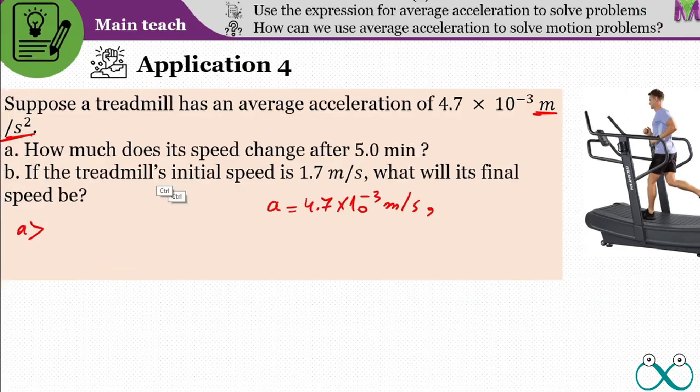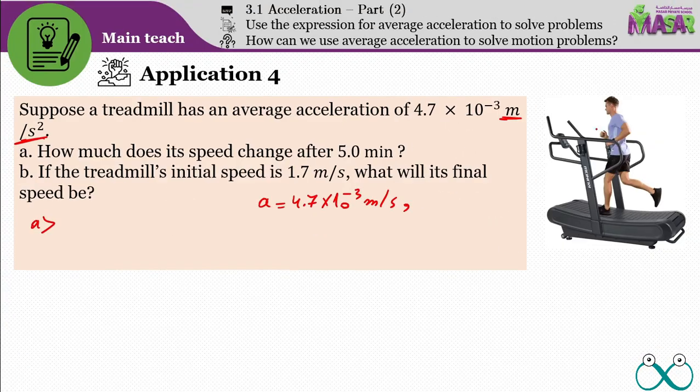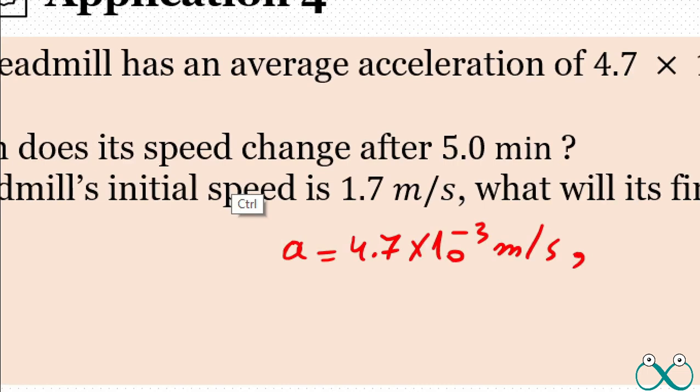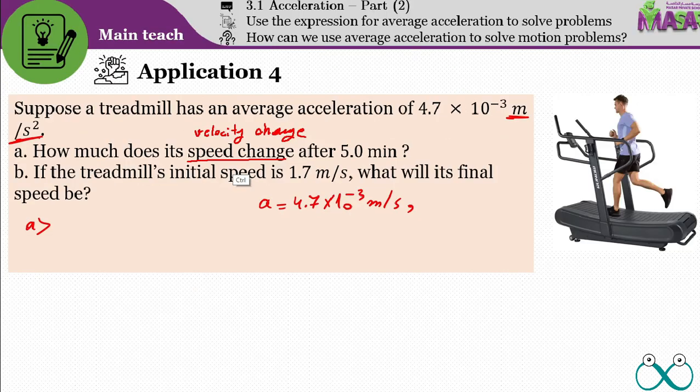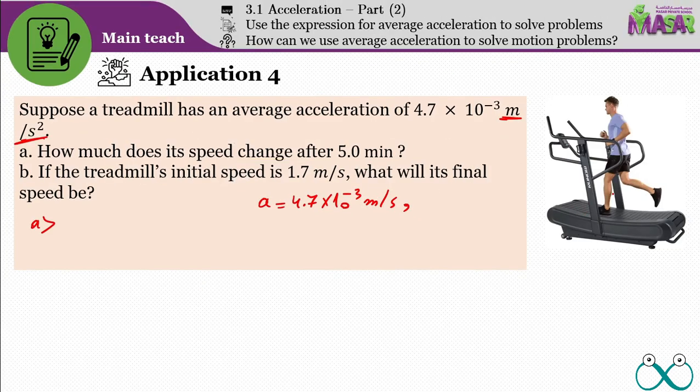Let me recall that since the athlete here is moving in one direction, we can consider that the change in speed is similar to the change in velocity. So as long as the object is not changing its direction, the average speed will be equal to the average velocity. So I can say safely that you can apply directly this relationship in order to find the change in speed.